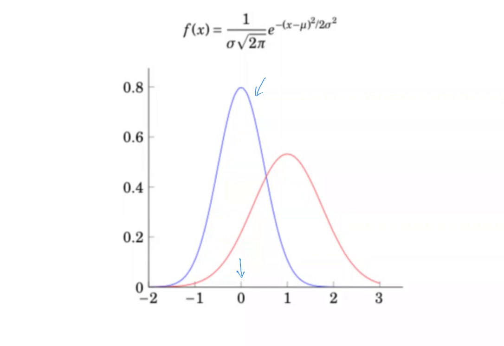On the other hand, for the red one, the mean is 1. Most of the data points are centered around 1. However, this one has a higher standard deviation compared to the blue one, just by visual inspection, because it is wider. So the red one is wider, whereas the blue one is more compact.